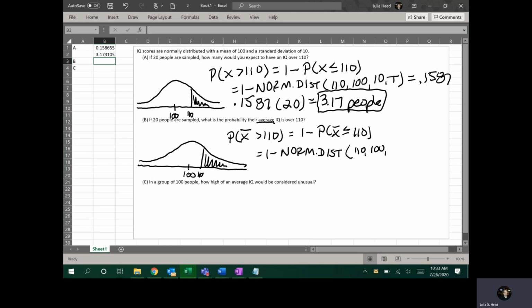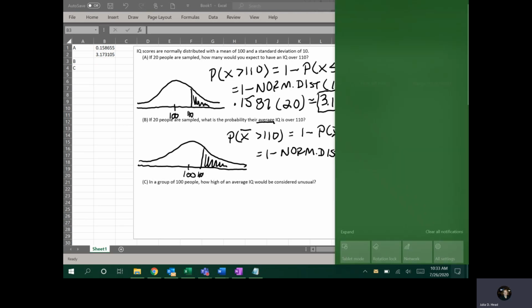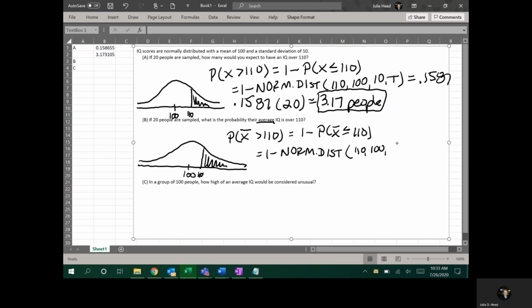And this time, since we are using x bar, since the question did ask about average, I do need to adjust my standard deviation and say 10 divided by the square root of 20.